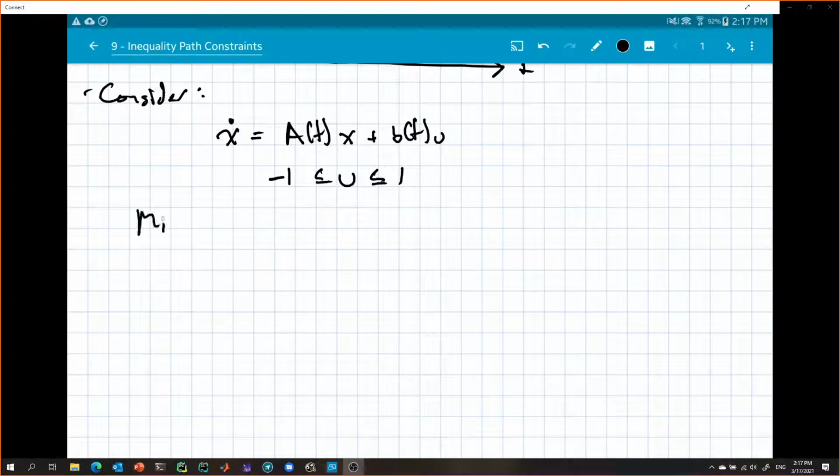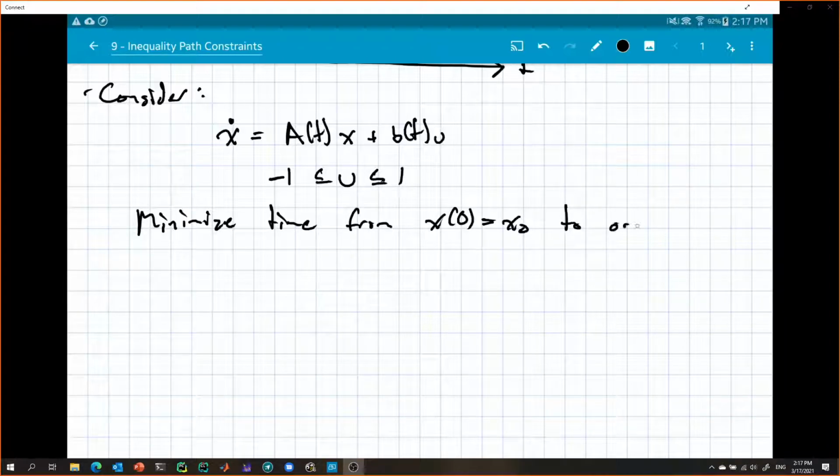We want to minimize time from some initial conditions to the origin, where x of t_f is equal to 0.